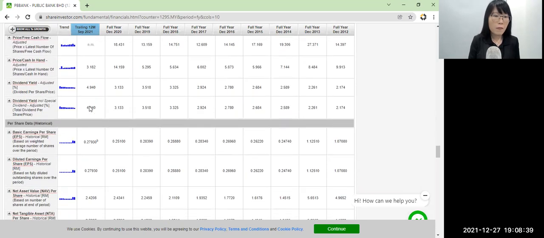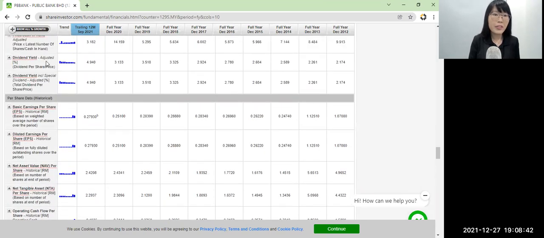Besides, you also can find some dividend yield, okay, some special dividend and so on. The information provided in the ShareInvestor WebPro is very comprehensive and really worth the money.